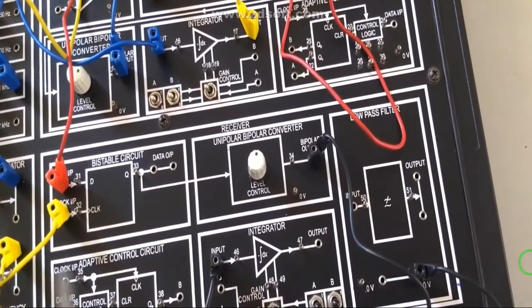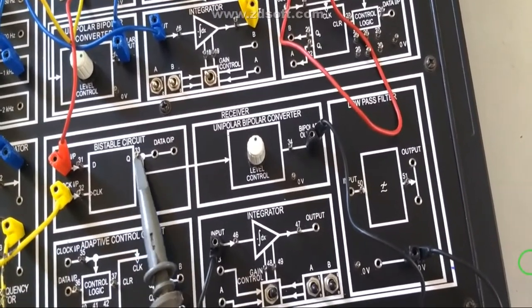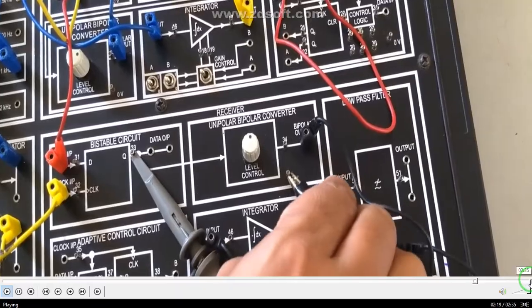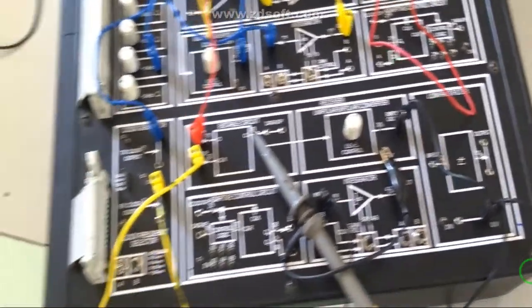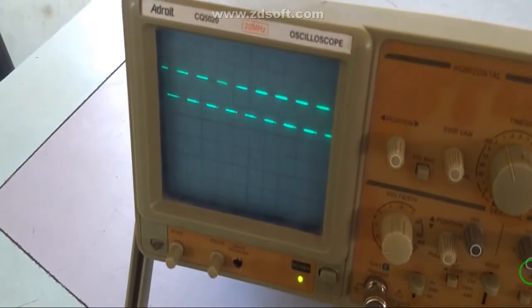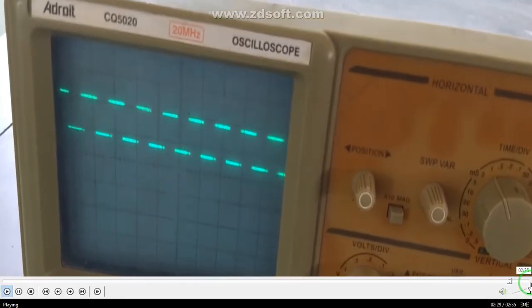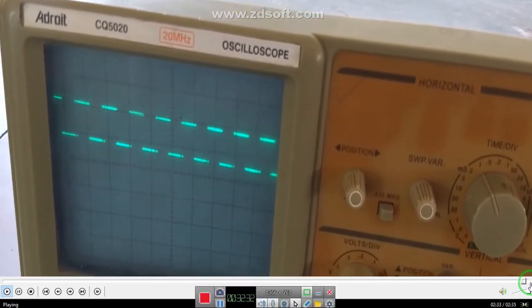So we can observe the output of this bistable circuit. Let's connect it to the ground and see, this is the output of your bistable circuit. It is there at the receiver section, guys. So this is the output of the DM that we transmitted and it is received at the receiver.